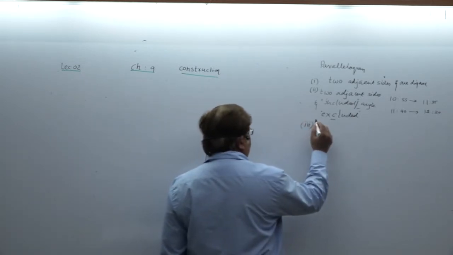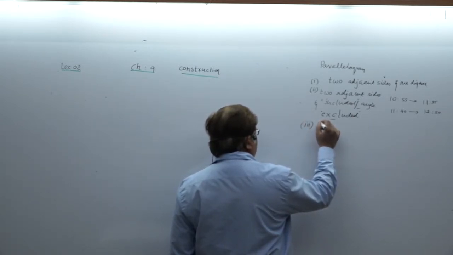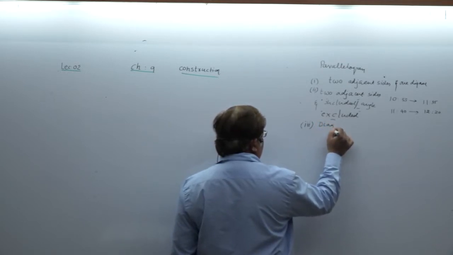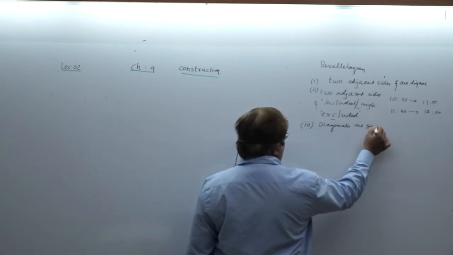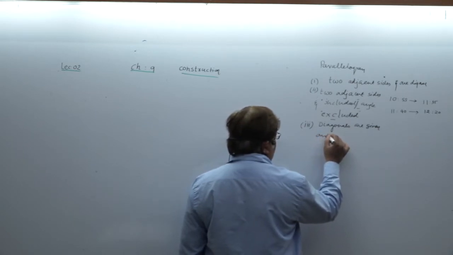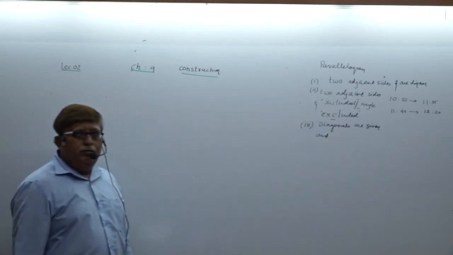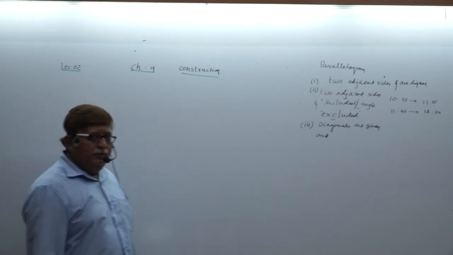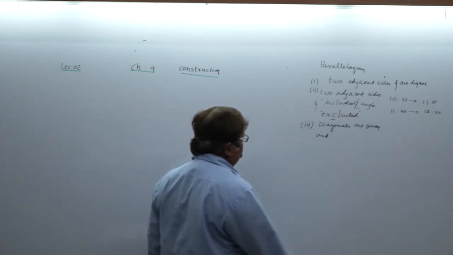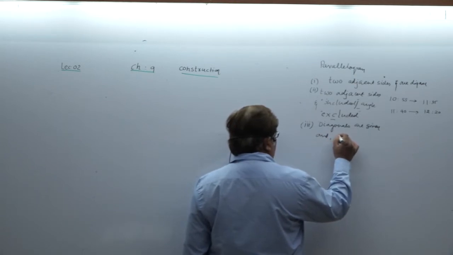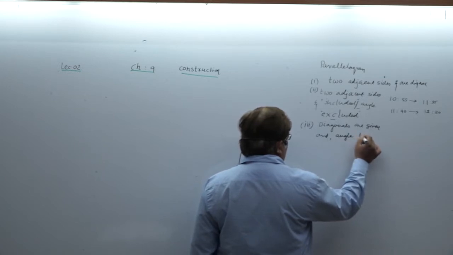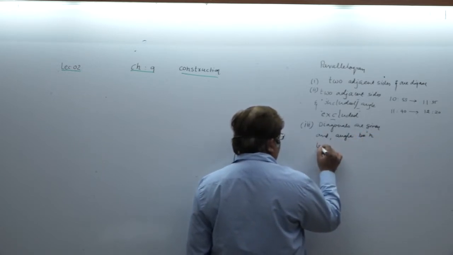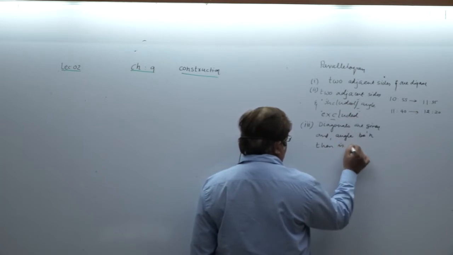You will construct parallelogram when diagonals are given, and not only both the diagonals are given, but at the same time the angle between them is also given.